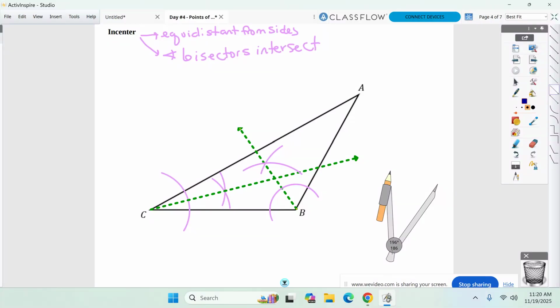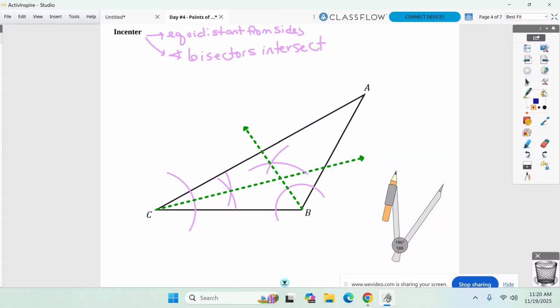How's our incenter looking? Looking good. Unfortunately, I don't know if anybody heard my discussion with Julia there. There's really not a way to check this because I know it's equidistant from the sides, but that has to be the perpendicular distance. You would have to find the point on CB that is perpendicular to there, which is a whole new construction, and this is good enough.